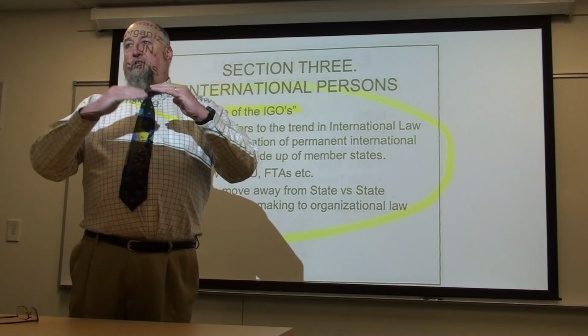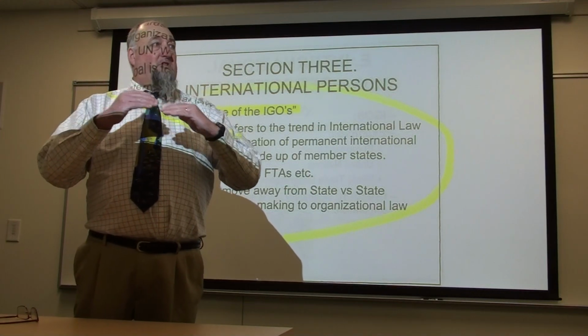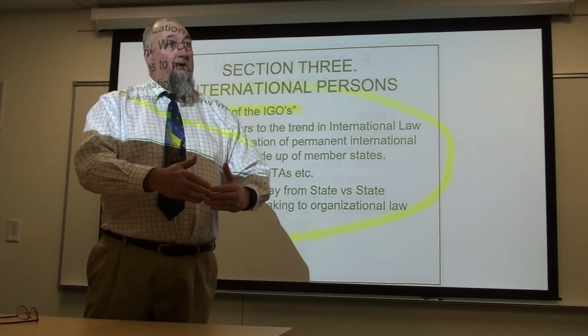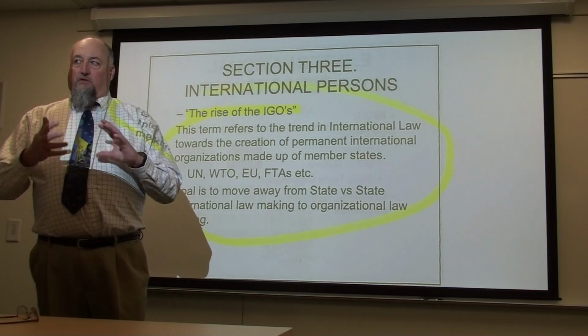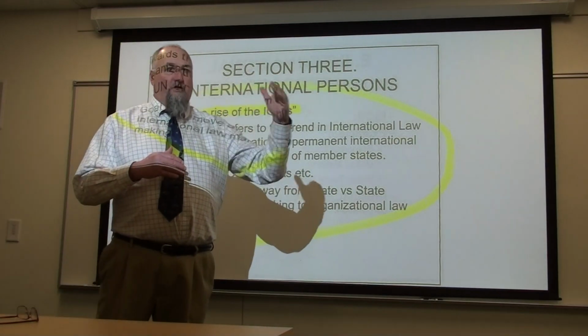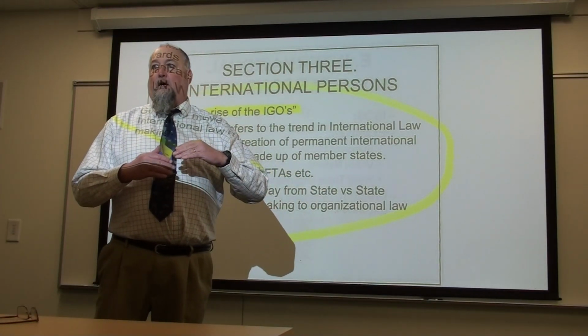And so that can be seen as a diminishing of sovereignty by being part of the organization. And to some effect, that's true, that the organizational rules can override domestic law.